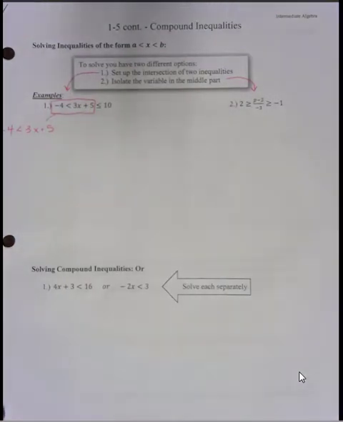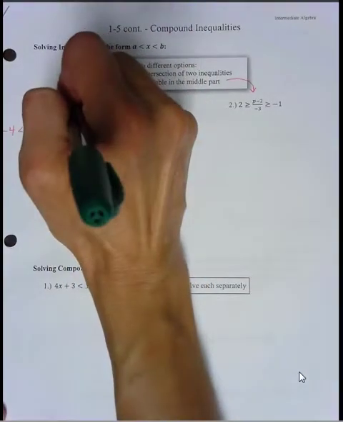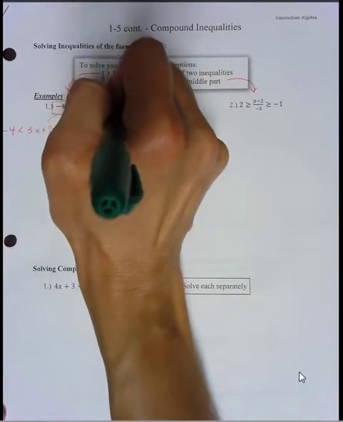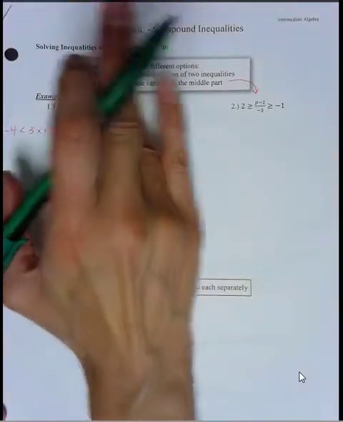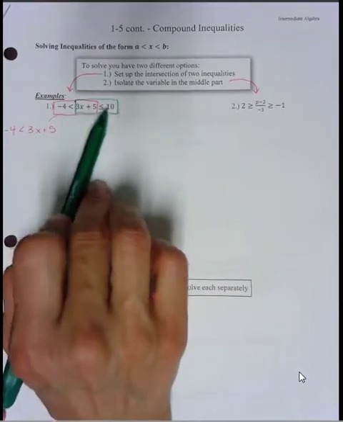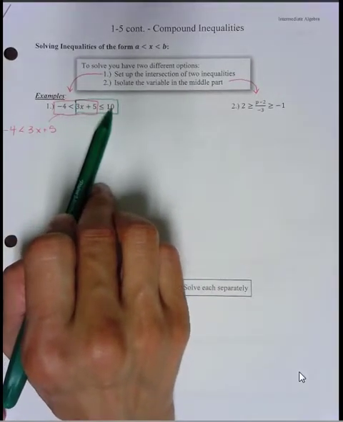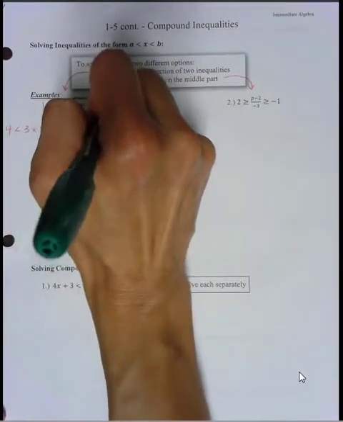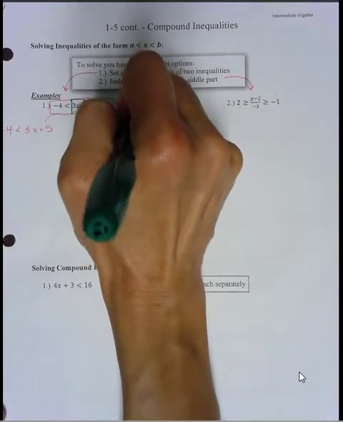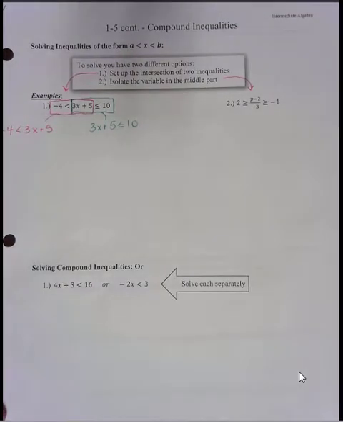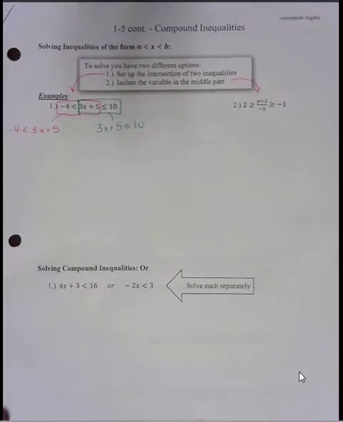And then you would also set up and solve this inequality. So basically everything except the inequality symbol for this side, and everything except the inequality symbol and its answer for this side. So we have two different problems that we set up and solve, and then we will find the answer at the end that is the combination of those two.